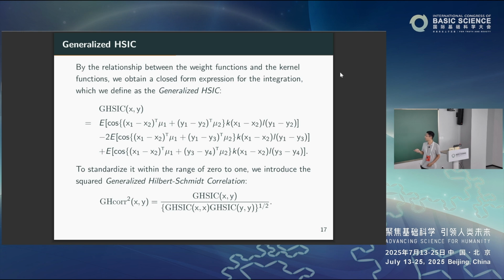The final expression consists of some kernels, cosine functions and expectations, so this can also be estimated easily. Similar to the distance correlation and the HSIC, we can standardize this to range from 0 to 1.